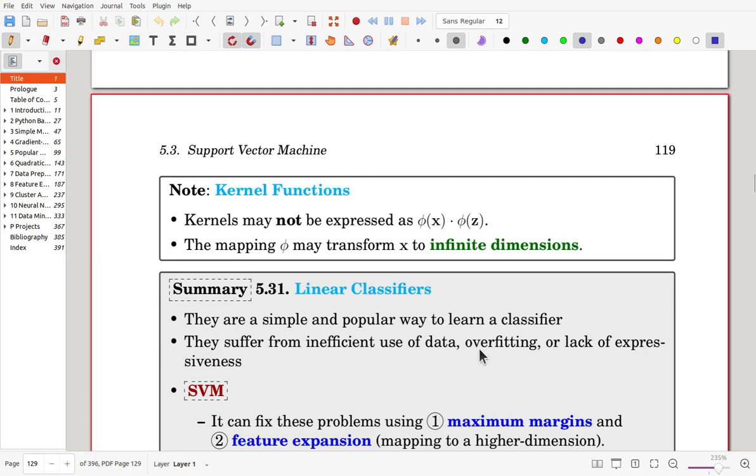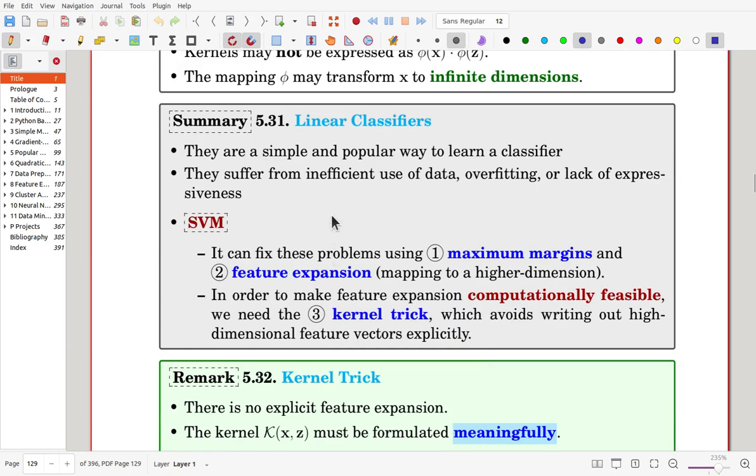Here we have a summary. Linear classifiers are a simple and popular way to learn a classifier. They suffer from inefficient use of data, overfitting, or lack of expressiveness. The SVM can fix these problems using maximum margins and feature expansion.